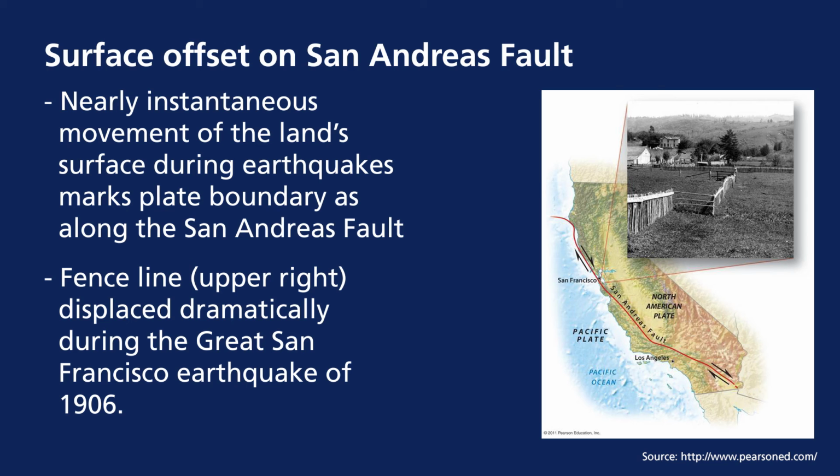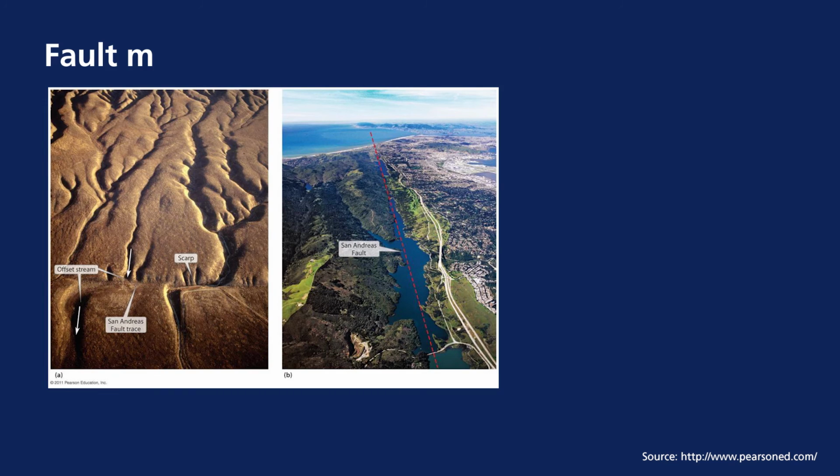At this time, the Earth moved approximately, I see, about 2 meters. So as I mentioned, the San Andreas Fault is one of these slip plates. And this movement, the photo here showing it, is the Great San Francisco Earthquake of 1906.